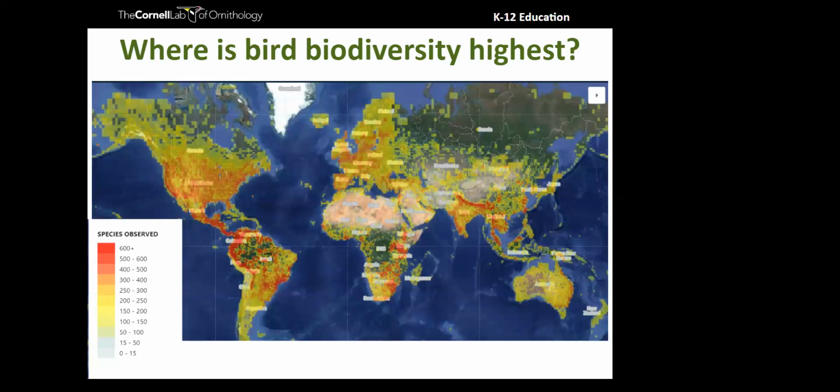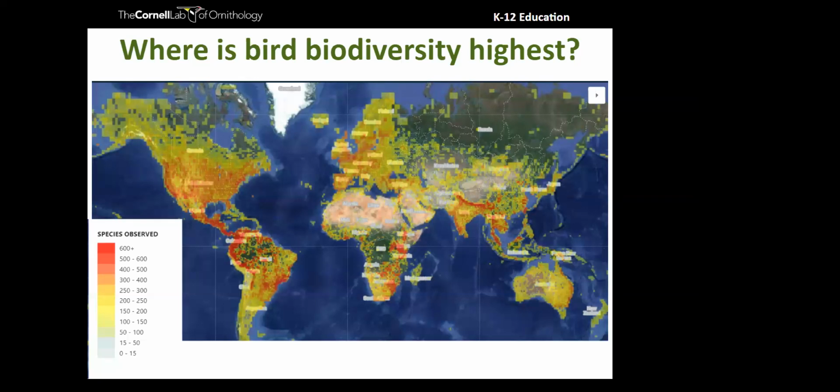Huge biodiversity in Central America, South America, and parts of India and Asia. I'm sure when we get more data from Africa, we'll start seeing more of Africa show up with high species diversity. If you travel, please send us some checklists so that we can better fill in this map.